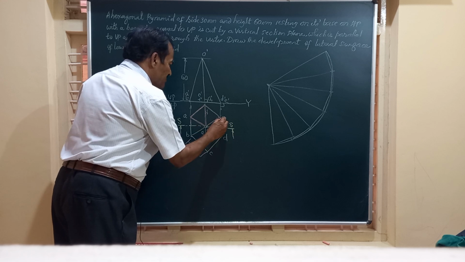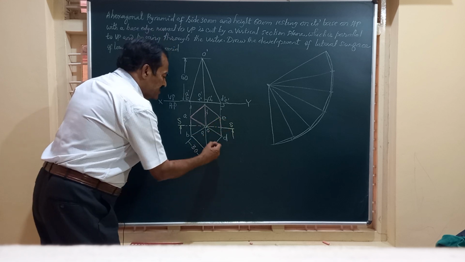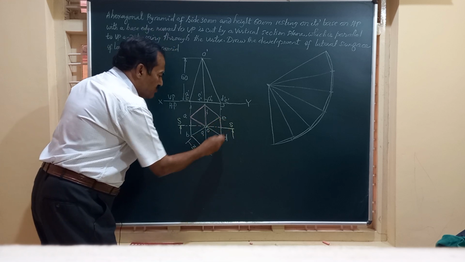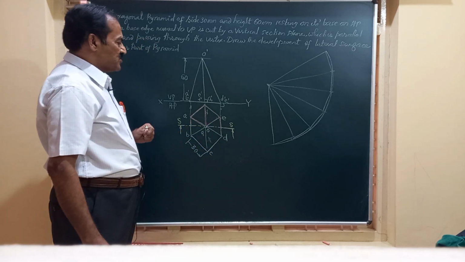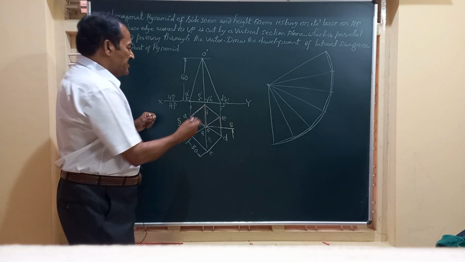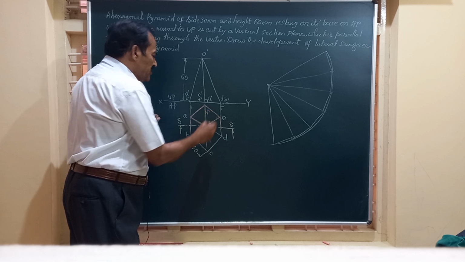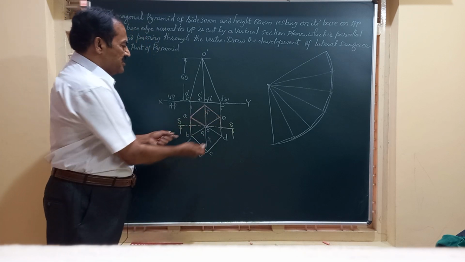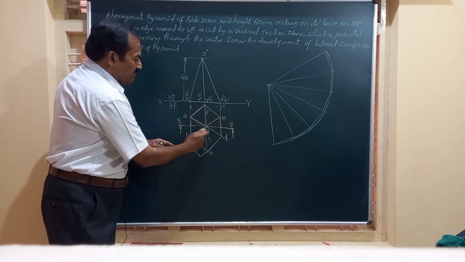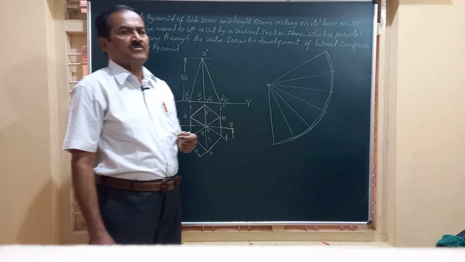This part and even this is to be added. And this part is thrown out. The portion below this is thrown out. Here we are going to retain the upper part above the section plane. The bottom part is removed.